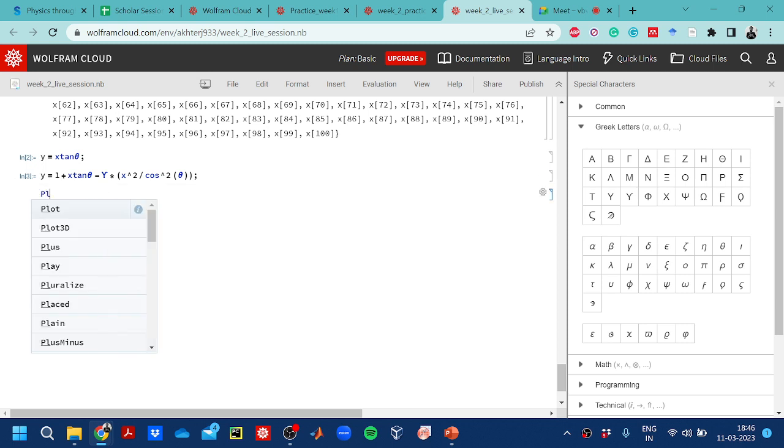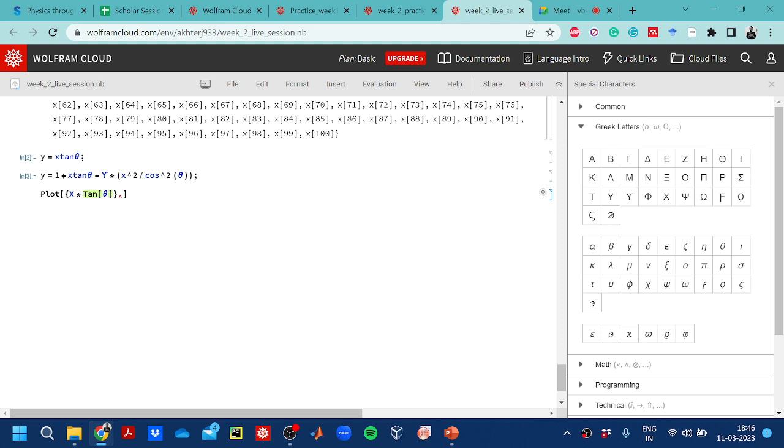So we have to write down the plot command. So plot, and where we have to specify the equations. So x tan, multiplied with tan theta.